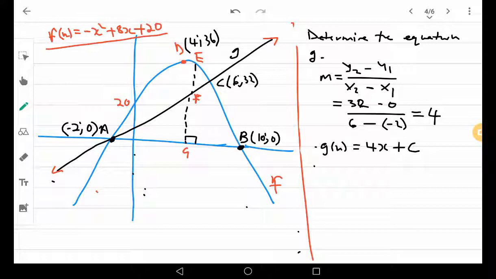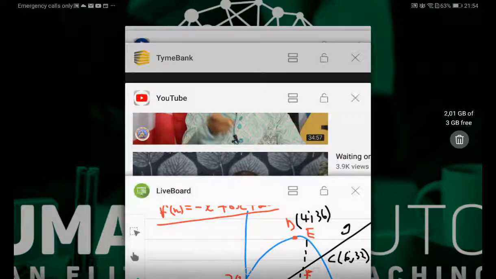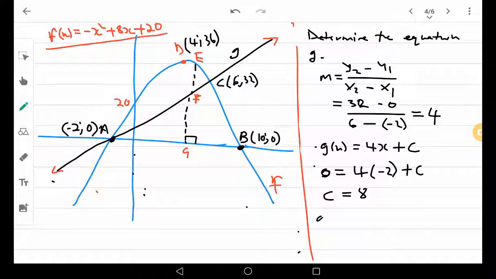Then we calculate the value of c. We substitute one of the points again. So we can say y is 0. We can substitute 2. Then 0 equals 4 times minus 2 plus c, therefore c is 8. So g of x is equal to 4x plus 8.